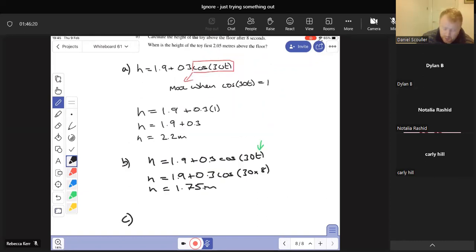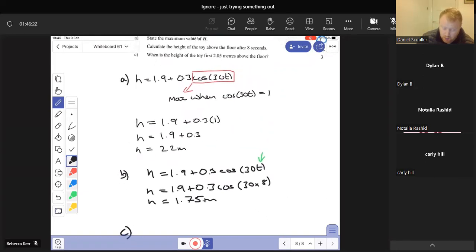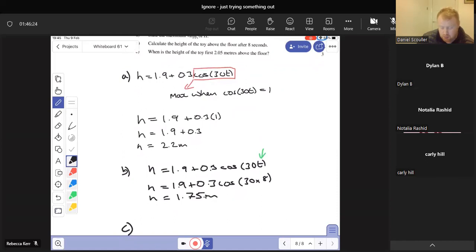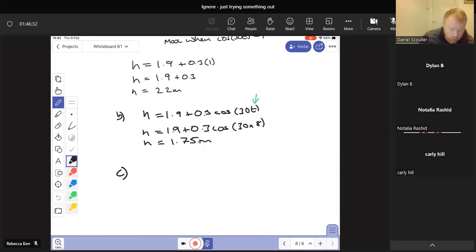Okay, last part of that question, part C. When is the height of the toy first 2.05 meters above the floor? The fact it says when is it first means we're going to get a couple of answers out, so we're going to do that process for getting more than one answer. The height was 2.05, I think.